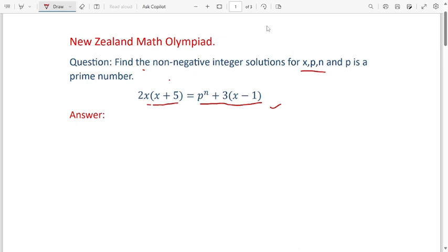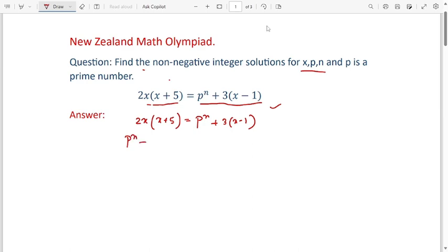First, we are going to rearrange the equation. Our equation is 2x times (x plus 5) equals p to the power n plus 3 times (x minus 1).